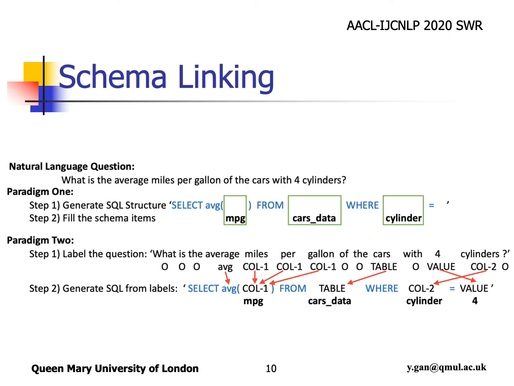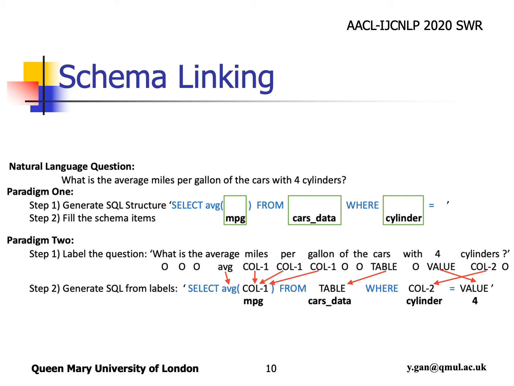The first key module is Schema Linking. Schema Linking is a key module used by all the models in these two paradigms. It helps fill the schema items in paradigm 1, so Schema Linking works in the second step of paradigm 1.